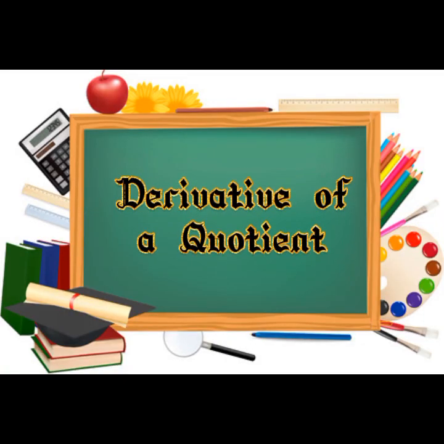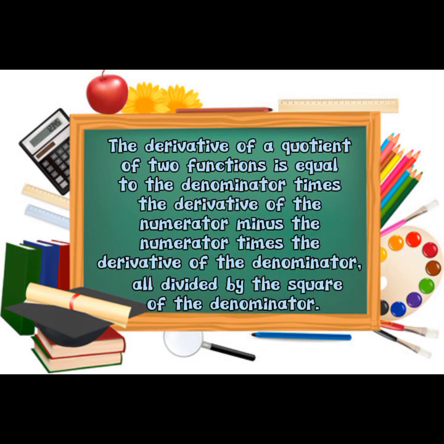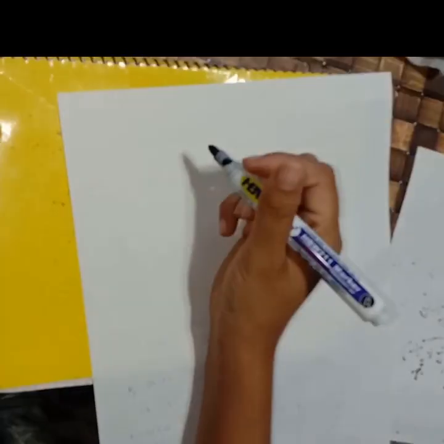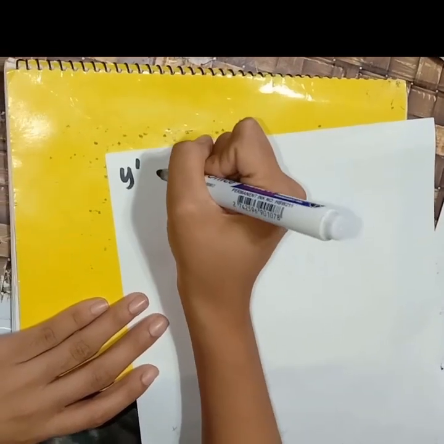Next is the derivative of a quotient. The derivative of a quotient of two functions is equal to the denominator times the derivative of the numerator minus the numerator times the derivative of the denominator, all divided by the square of the denominator. The derivative of a quotient, let's just follow this pattern.